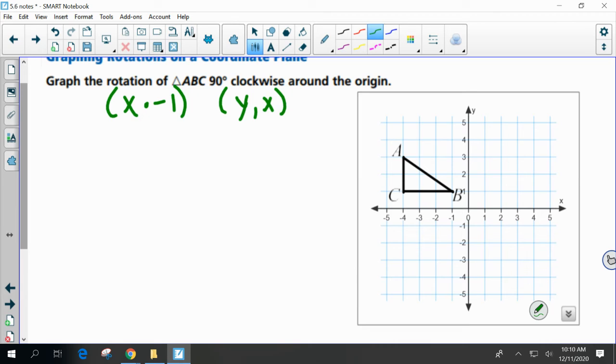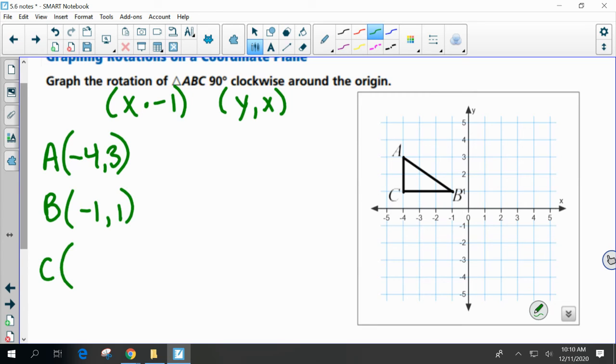So we're going to start by writing down our coordinates. A is -4, 3. B is -1, 1. And C is -4, 1.